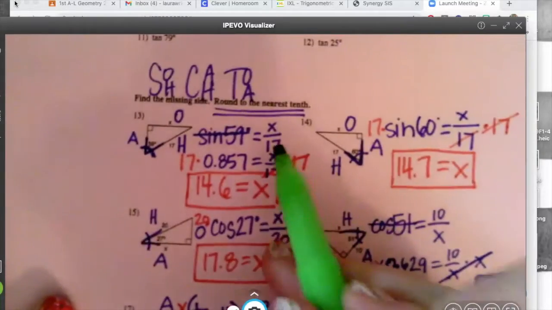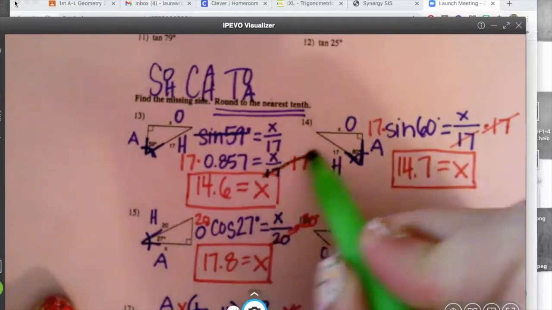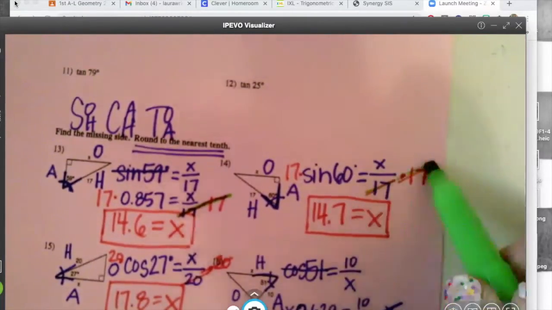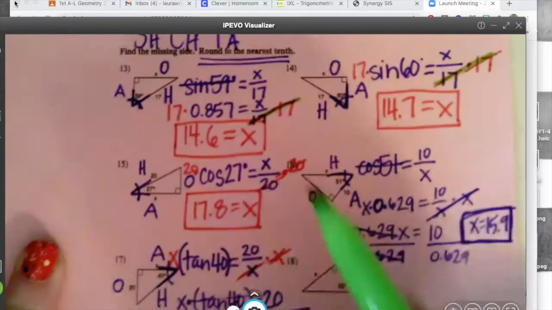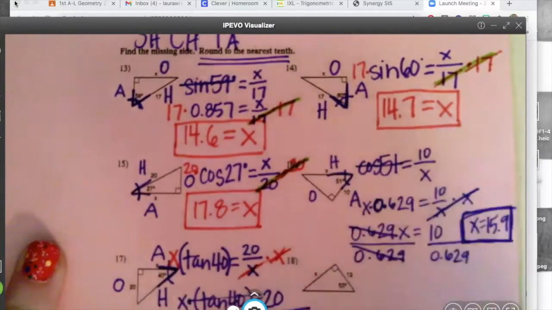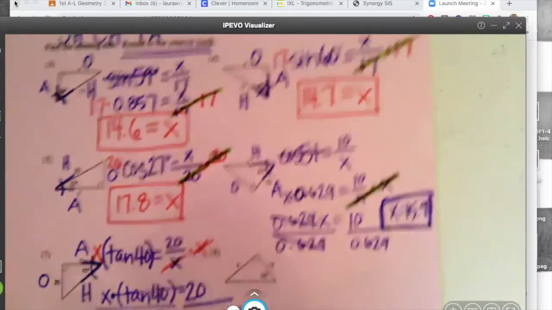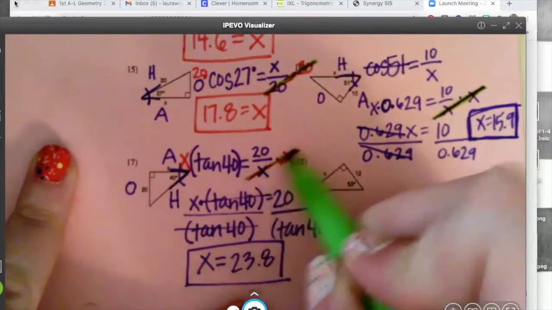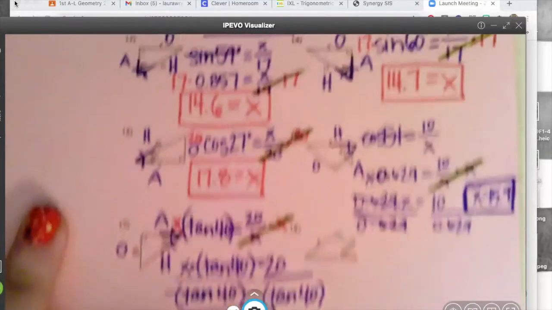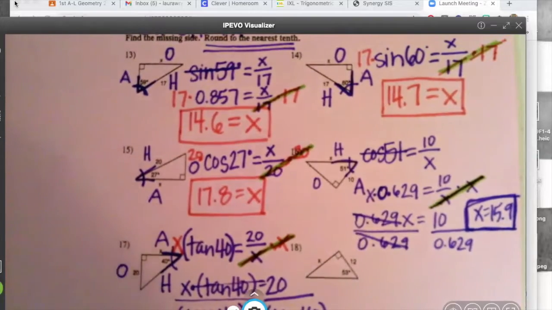Up here, our denominator was 17, so we multiplied times 17. Our denominator was 20, so the first step was to multiply times 20. When our denominator was x, we multiplied by our denominator of x. Whatever the denominator is, multiply that first because you want to get rid of the fraction first, regardless.